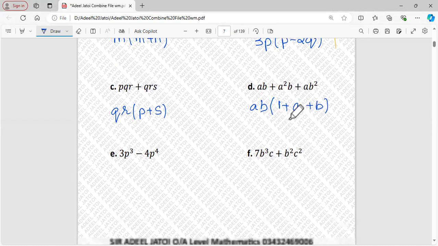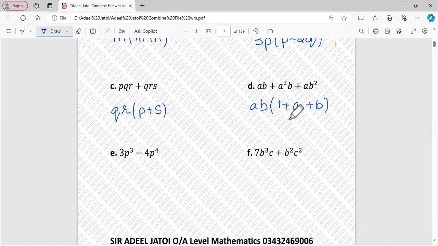3p cube minus 4p to the power 4. If we see that p cube is the common factor between these, the answer would be p cube times 3 minus 4p. You need to understand that in this situation, this p is written 3 times and this p is written 4 times.